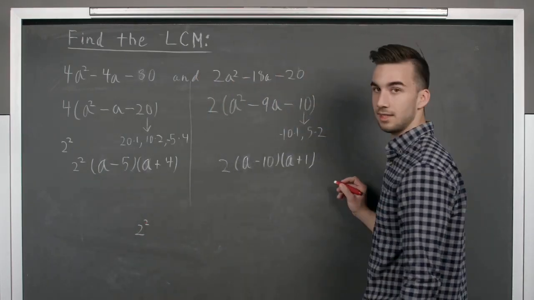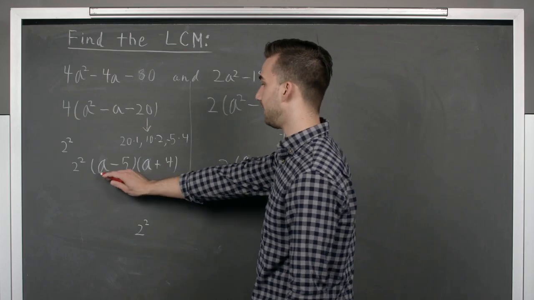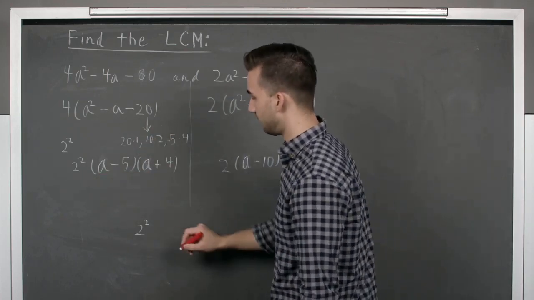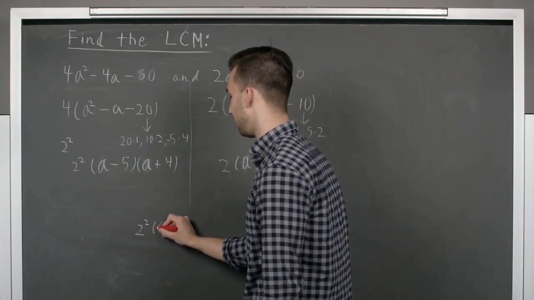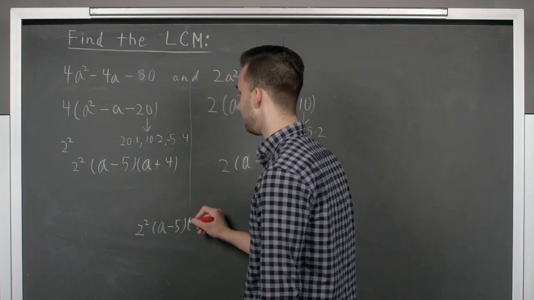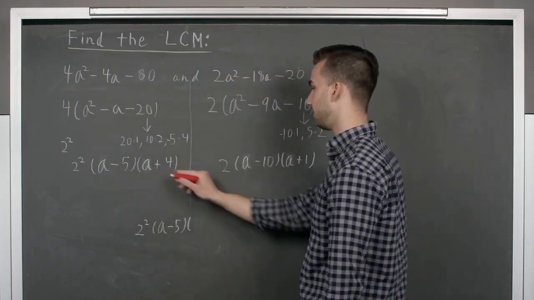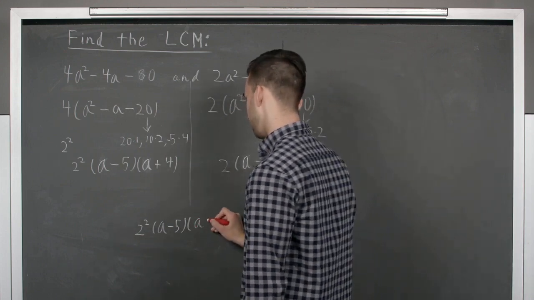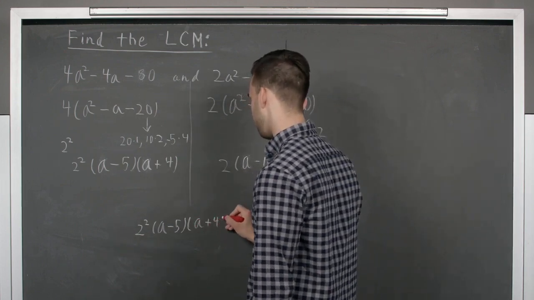And then our next unique factor is a minus 5. So our highest exponent of that is 1, so we can write this as a minus 5. Next unique factor is a plus 4. Any higher exponents? Nope. A plus 4.